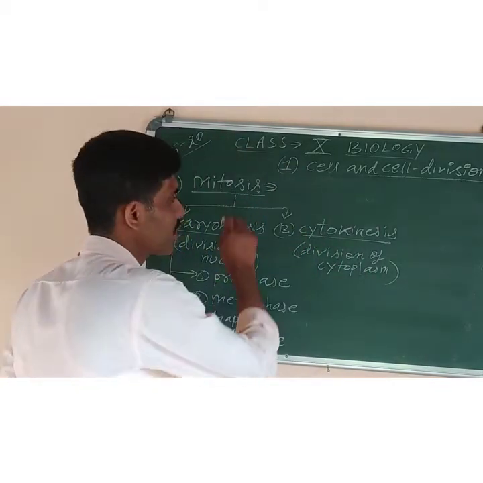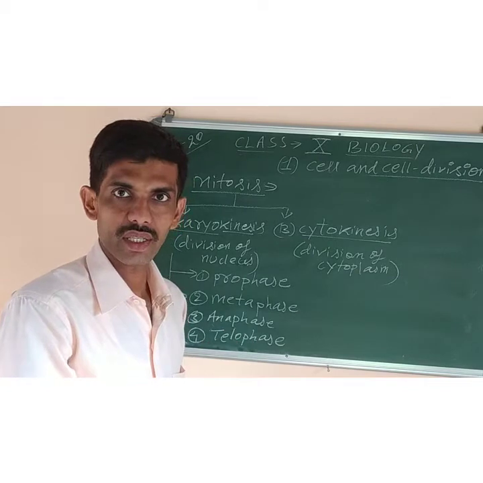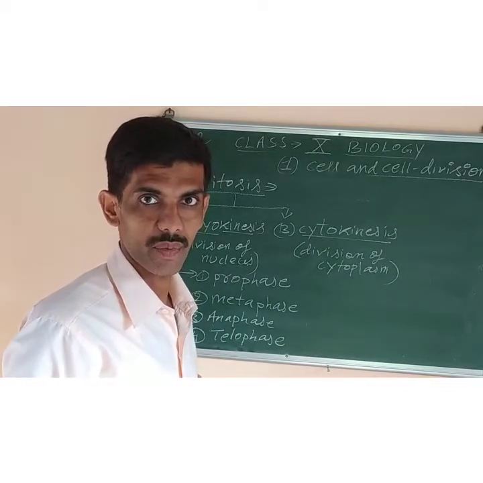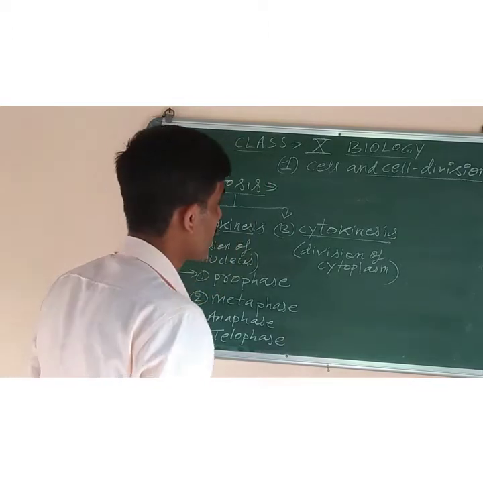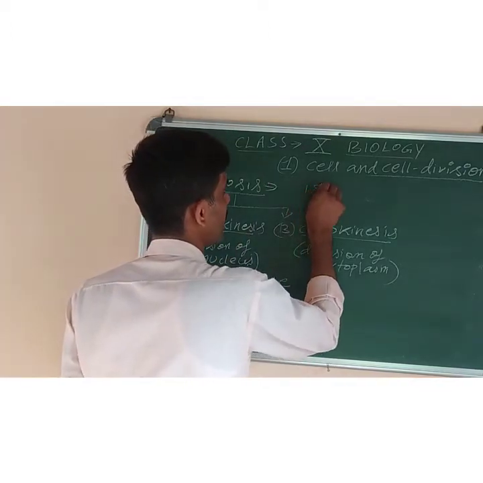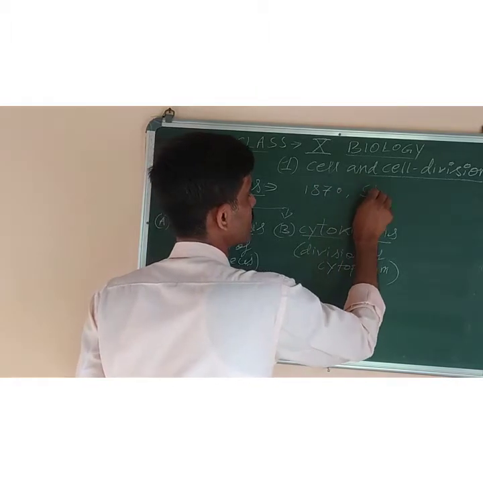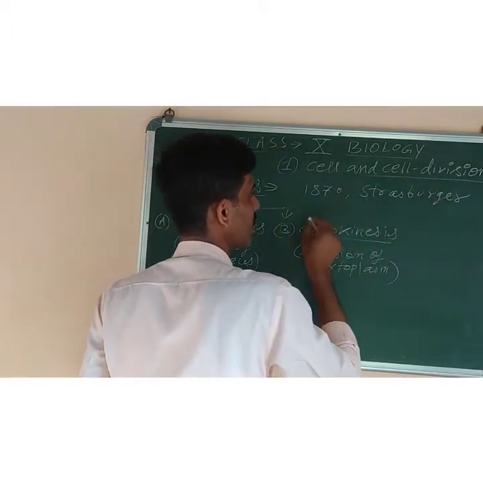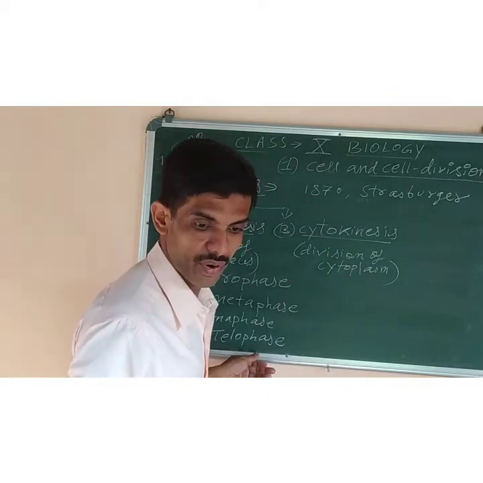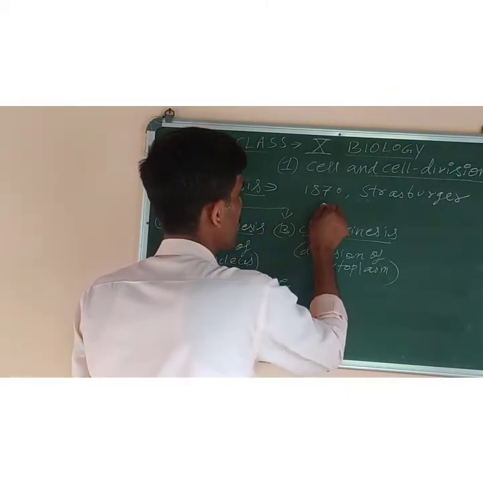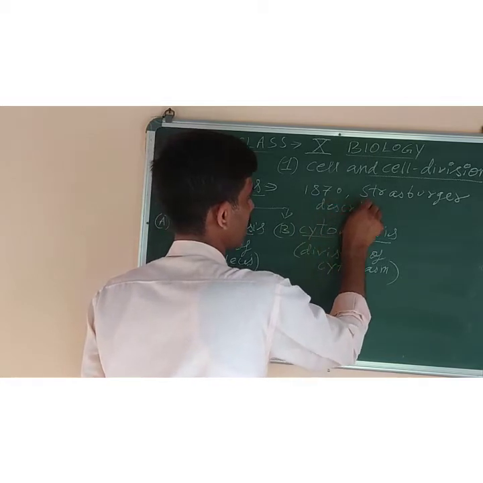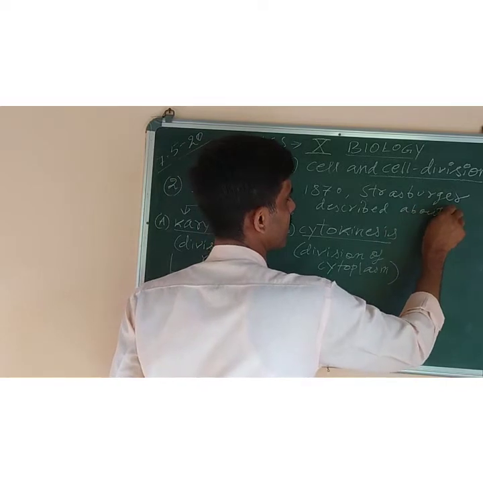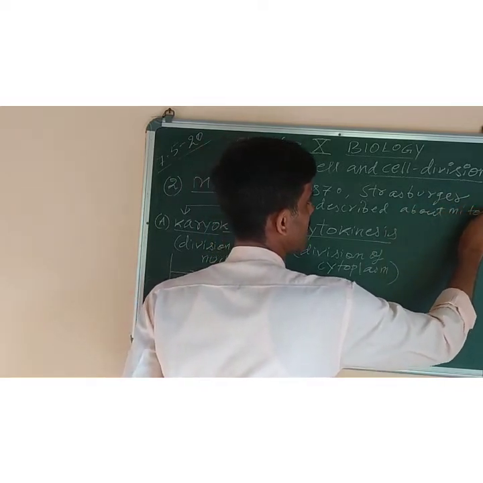First, mitosis. Mitosis was described by Strasburger, name of the scientist, in 1870. In 1870, Strasburger described about mitosis in plant cells.